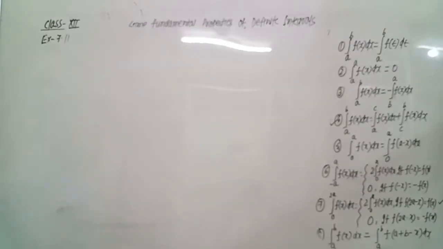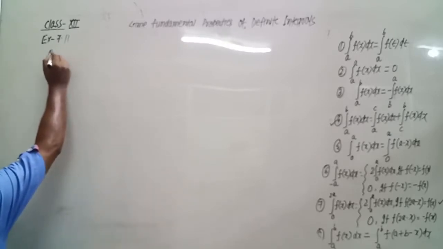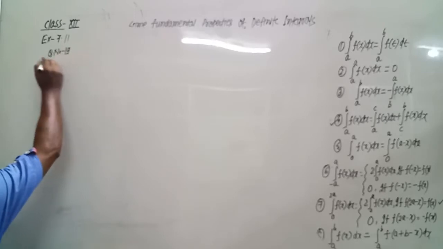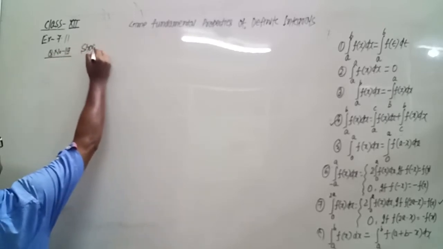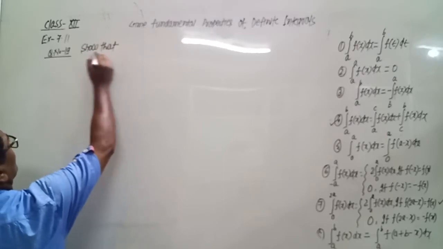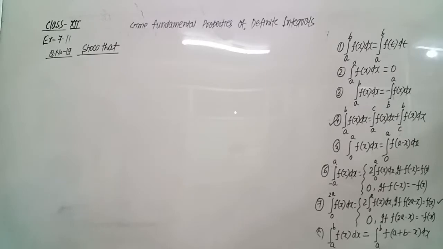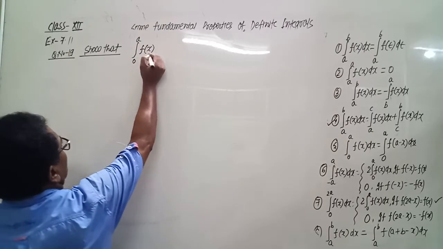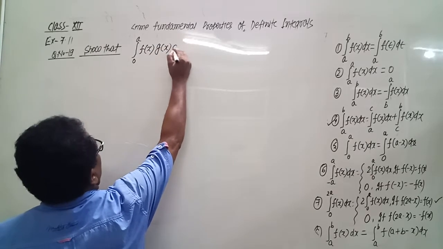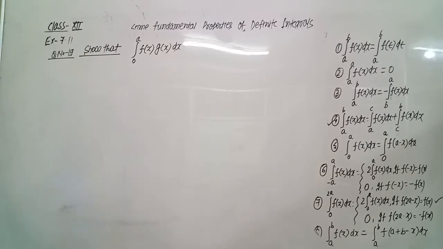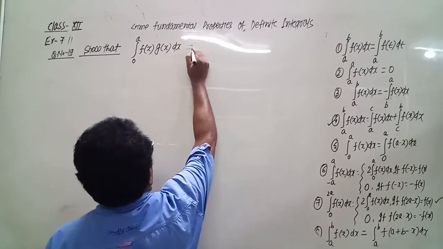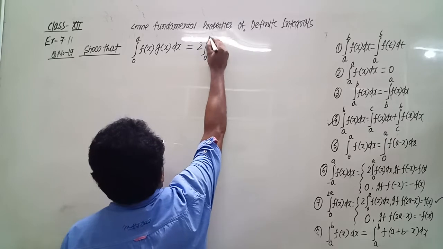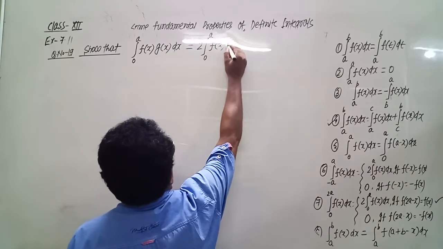We are given: show that integration 0 to a of f(x) g(x) dx equals twice integration 0 to a of f(x) dx.